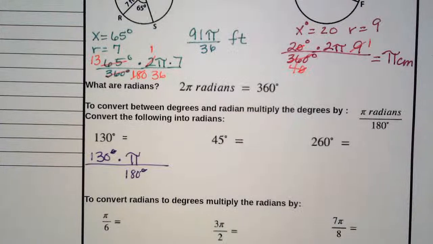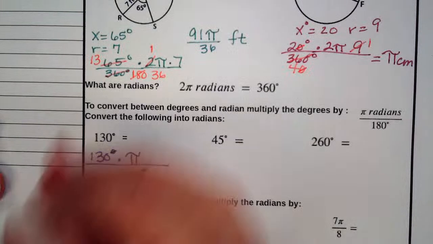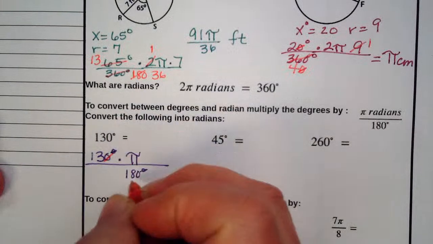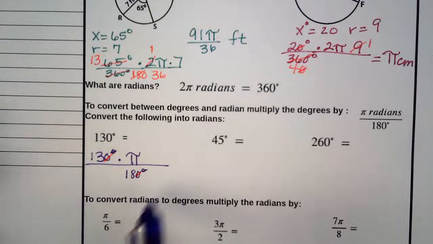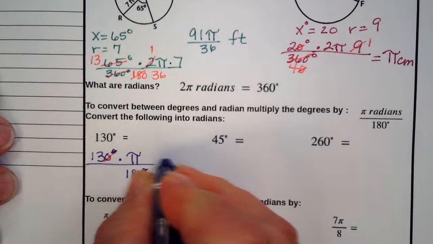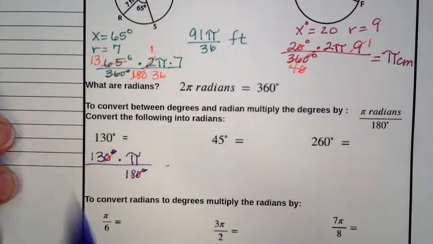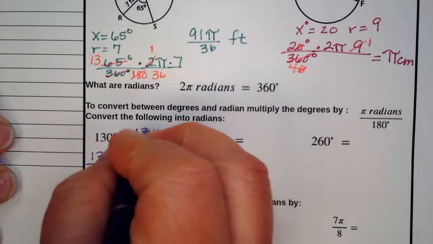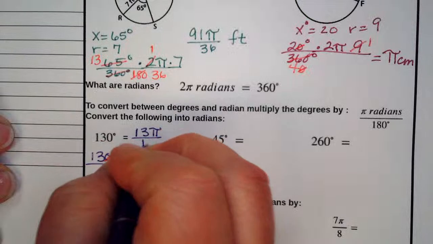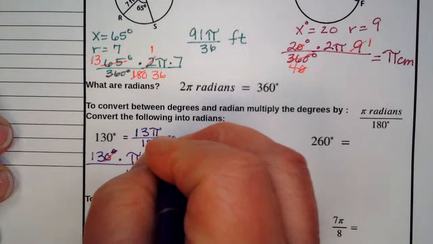I can divide top and bottom by 10. I now have 13 over 18, and this becomes 13 pi over 18 radians.